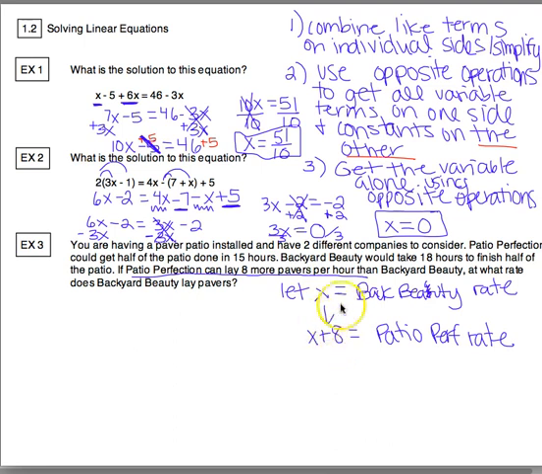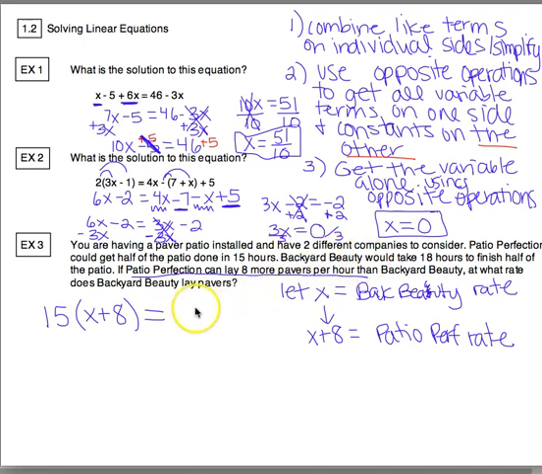So in this case, it says Patio Perfection could get half the patio done in 15 hours. So time, which is 15 hours, times its rate, x plus 8. And then I know because this represents half the patio and Backyard Beauty's total also represents half the patio, that means I can set them equal to each other.